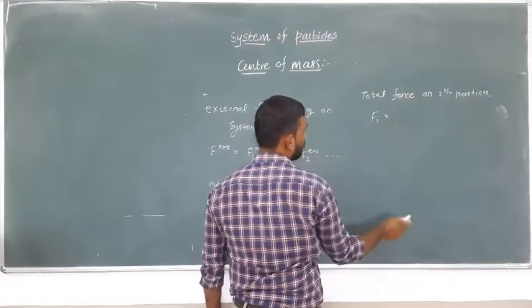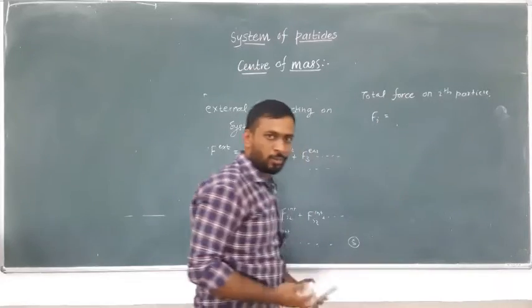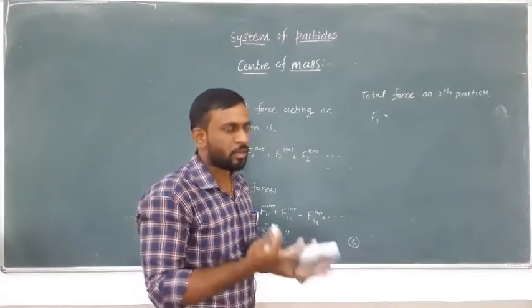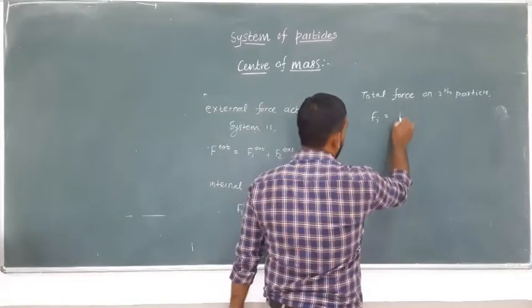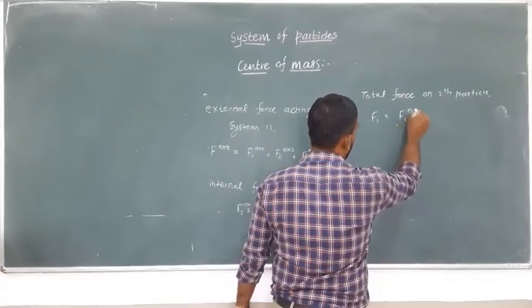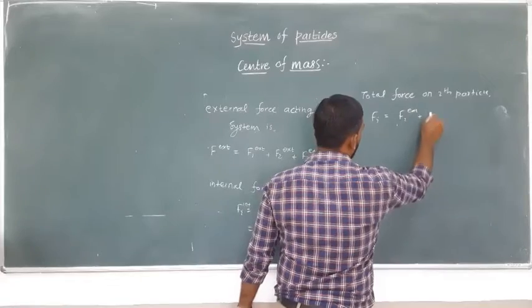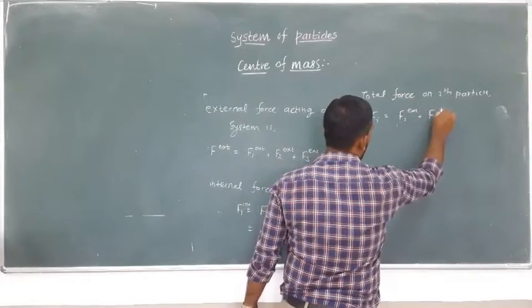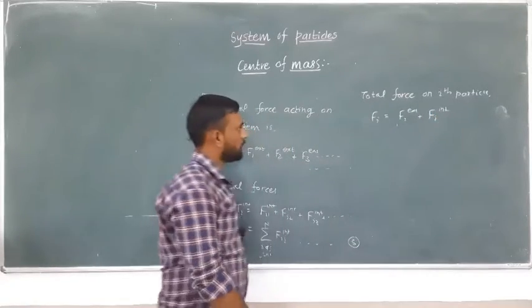Fi is equal to the internal force on the ith particle plus the external force on the ith particle. So Fi external plus Fi internal. Okay, so this is all.